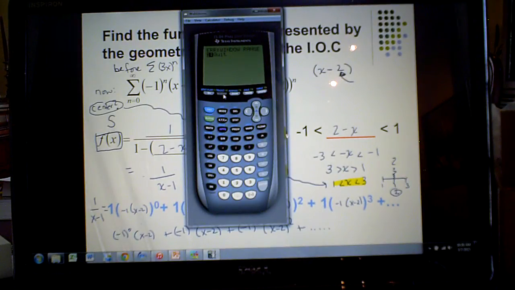Rats. One, two, three. So there's the rational function, and here comes, oh, gosh darn it.